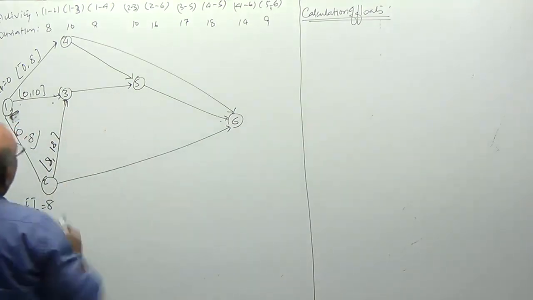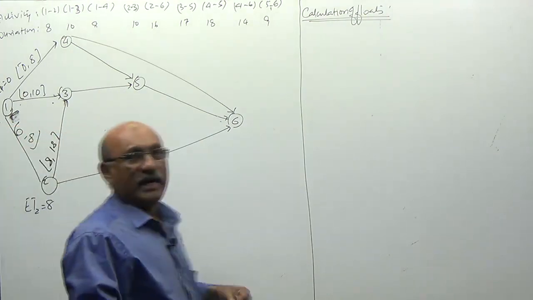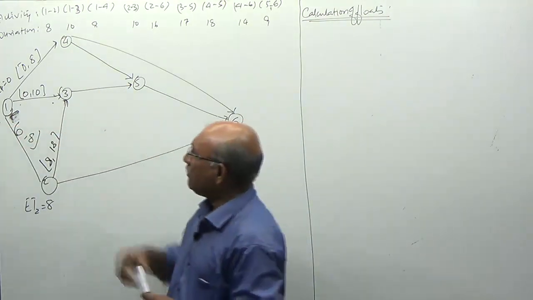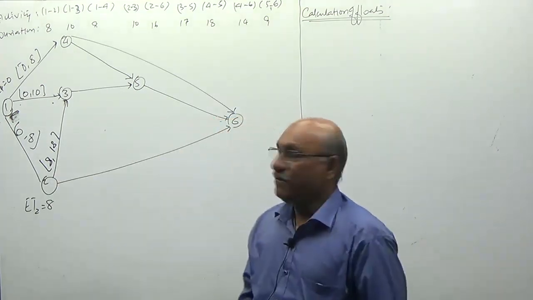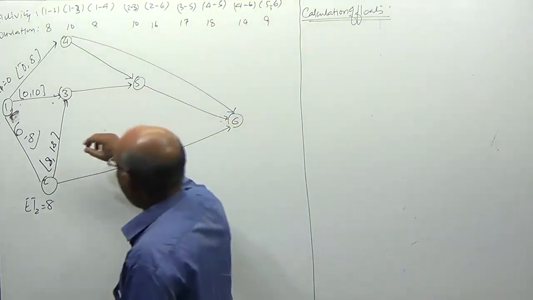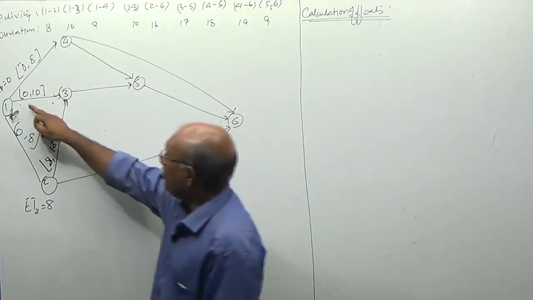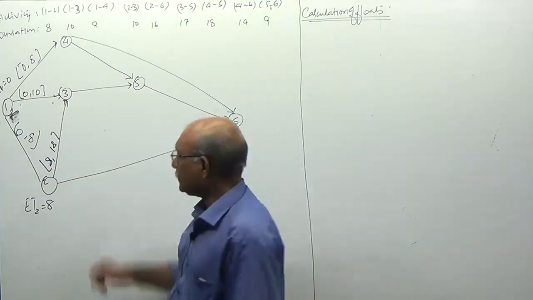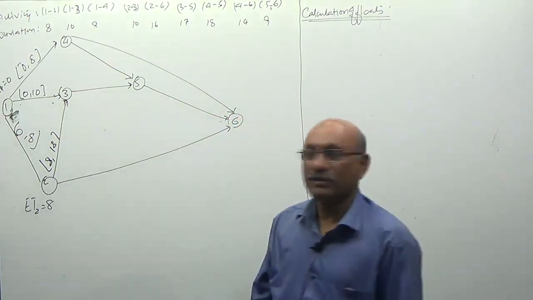So 3-5. Starting time of 3-5 is dependent on the completion time of these two activities, 1-3 and 2-3. 1-3 you are completing on the 10th day, whereas 2-3 you are completing on the 18th day.